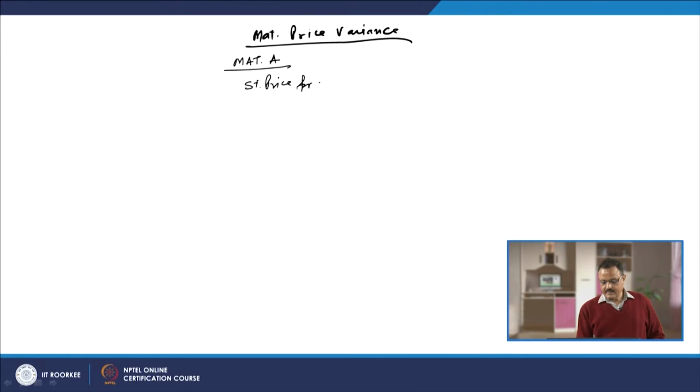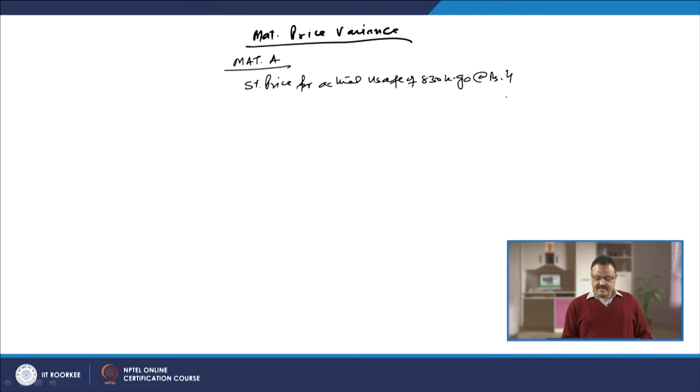for actual usage of 830 kgs at the rate of rupees 4. What is the standard price?